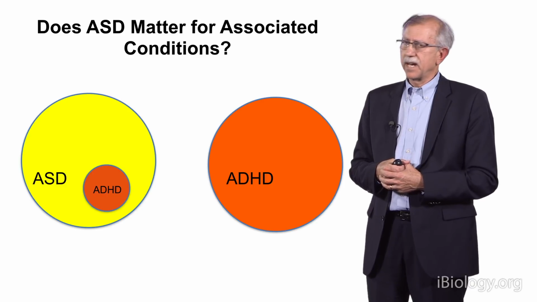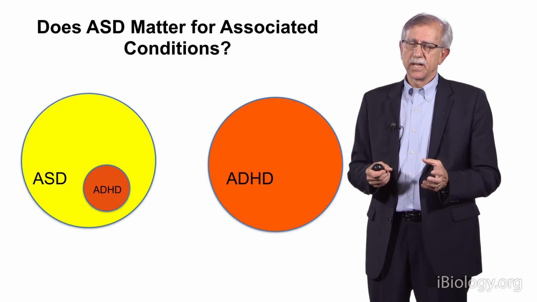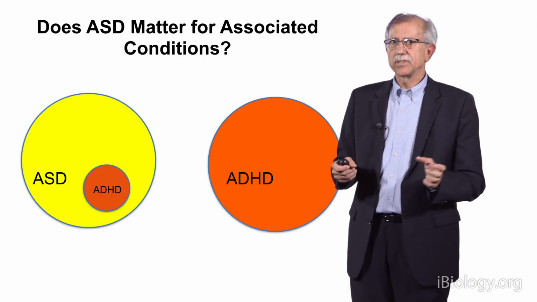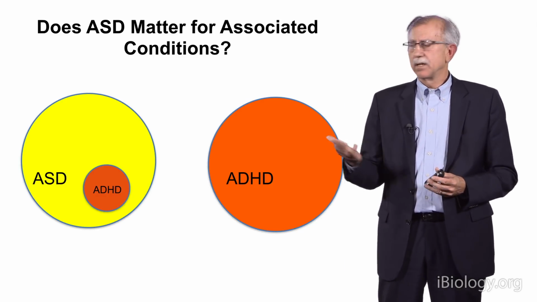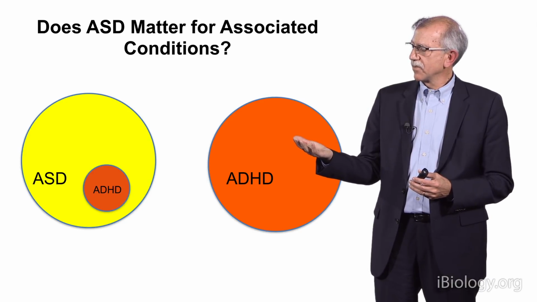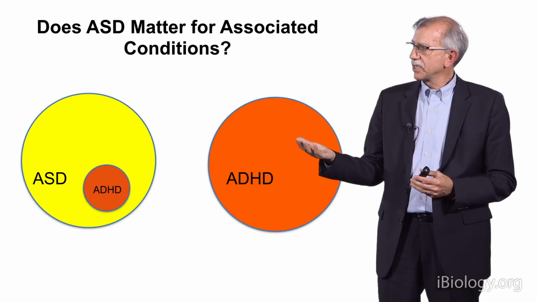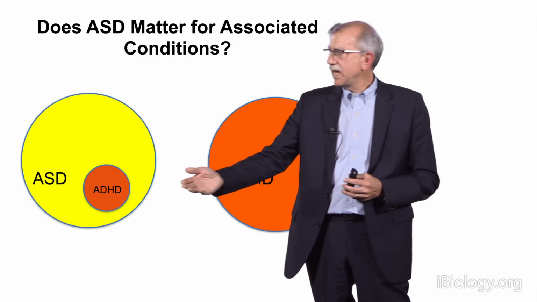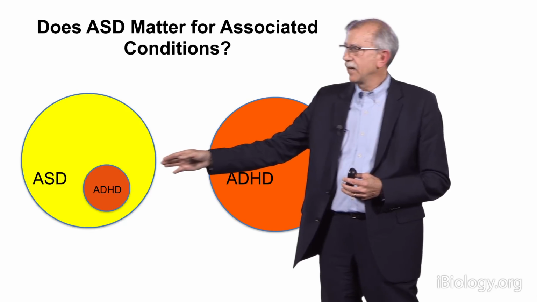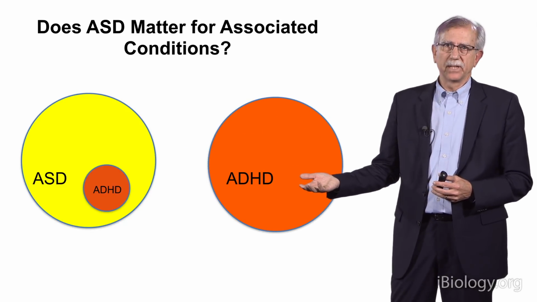Another area that I think is important to comment on, as I showed you earlier, is whether co-occurring psychiatric disorders can be targets of treatment in the setting of autism. So we have ADHD in the setting of autism, and we have ADHD in the general population.